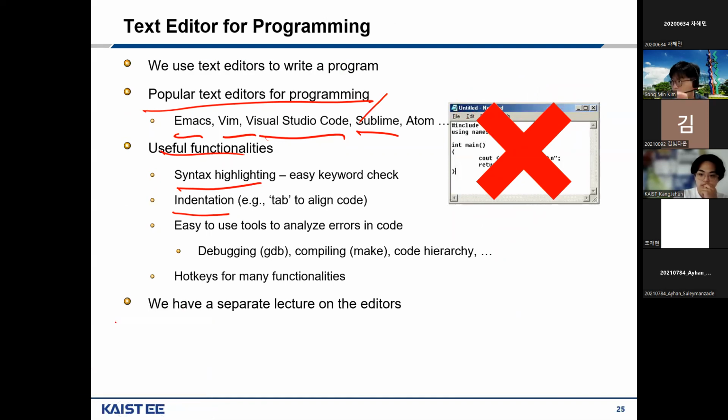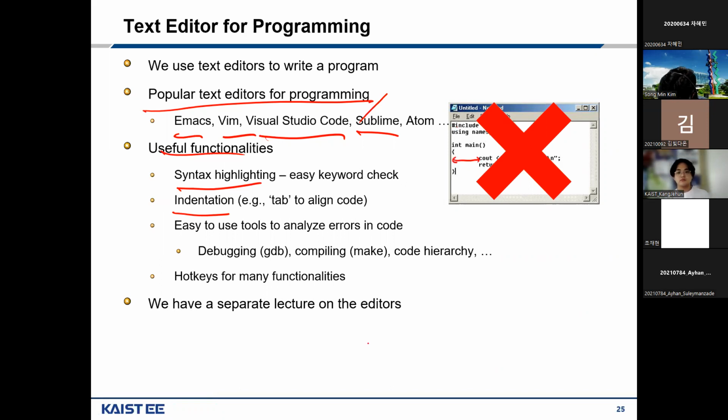So since most of you are taking EE209, we've talked about how important it is to write readable code, right? One way to write readable code is to do nice formatting. One of the things we do is indenting.